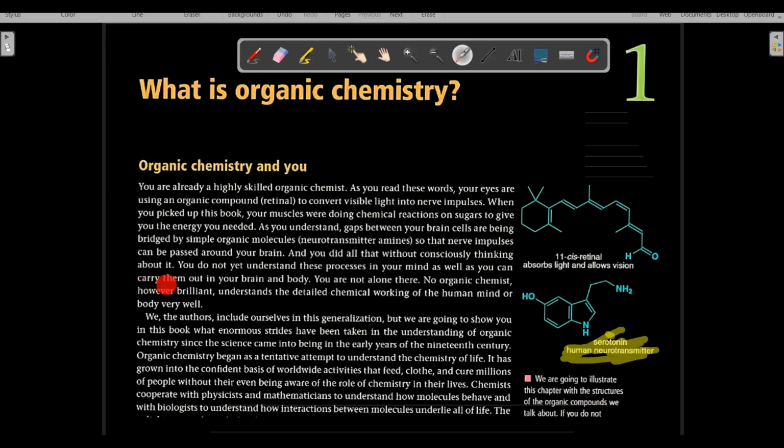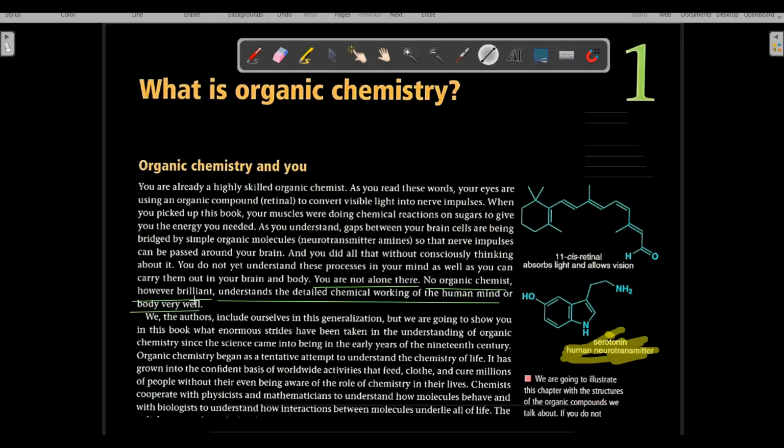So you carry them out in your brain and body even if you do not understand the mechanisms of these processes. So you are not alone there. What the author is trying to say is that even if you do not understand the meaning of all this stuff, still you are not alone. Even many organic chemists, no matter how brilliant the organic chemist is, even if he is a brilliant scientist, no organic chemist understands the detailed chemical working of the human mind or body very well.